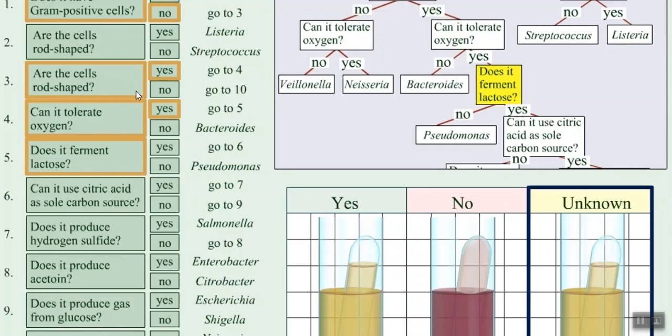Yes. If they're rod-shaped, can they tolerate oxygen? No, it didn't tolerate oxygen, so it was Bacteroides. So there were just 1, 2, 3 questions that we had to ask.